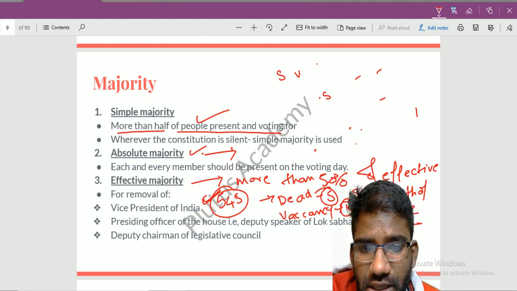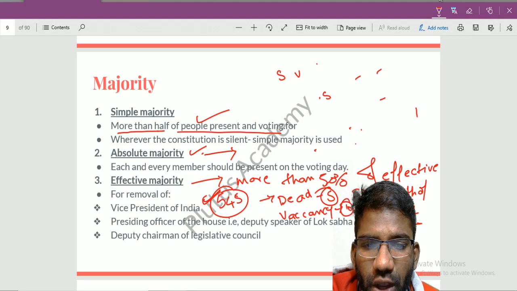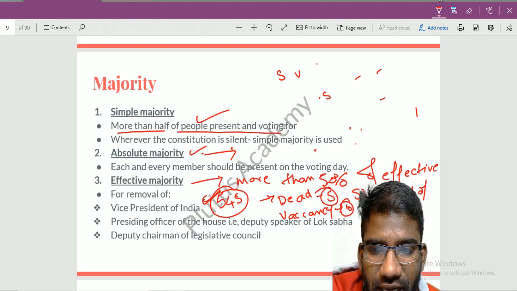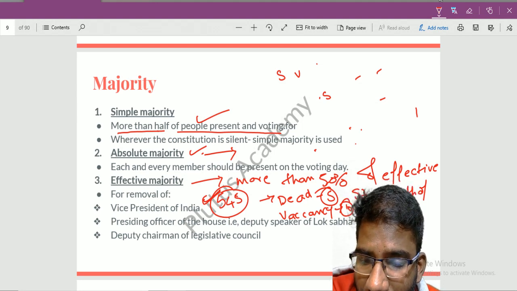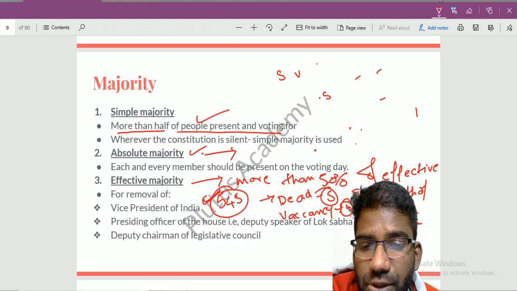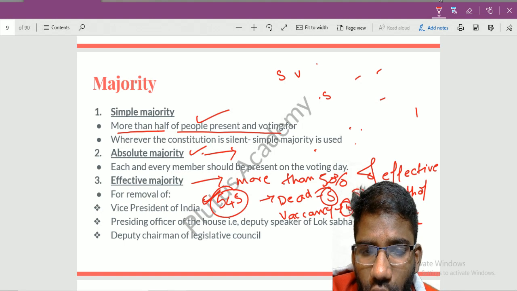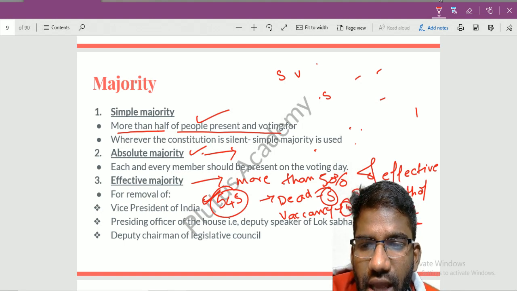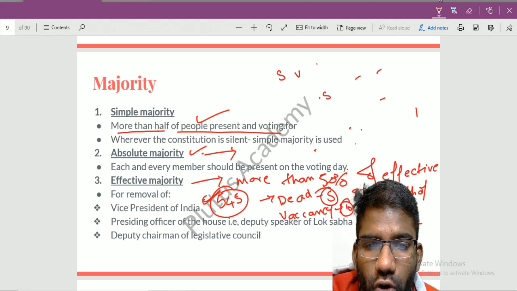But in simple majority we also discussed a term called abstain. But in case of effective majority, no person can be abstained. No one is allowed to leave the premises of the house in case of effective majority.